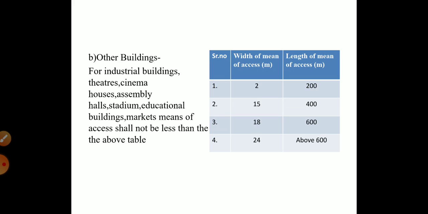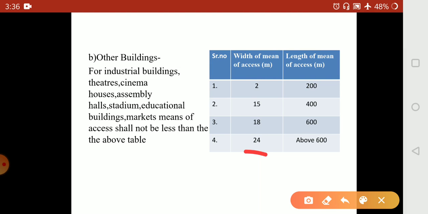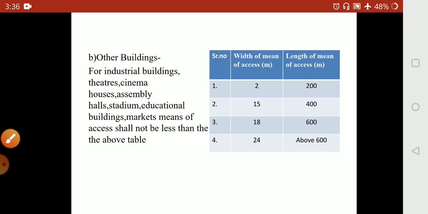If the width of the means of access is 2 meter, then the length is 200 meter. If the width is 15 meter, the length is 400 meter. If the width is 18 meter, the length is 600 meter. If the width is 24 meter, then the length is above 600 meter. Okay, likewise. In no case should the means of access be less in width than the internal layout and subdivisions.